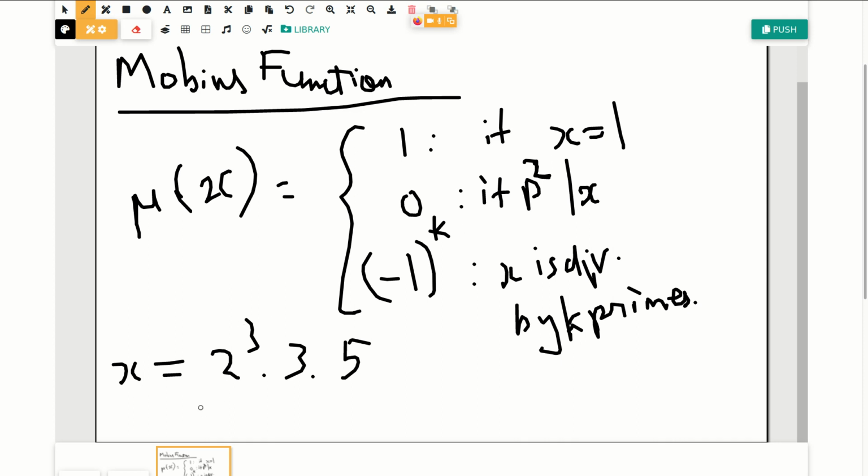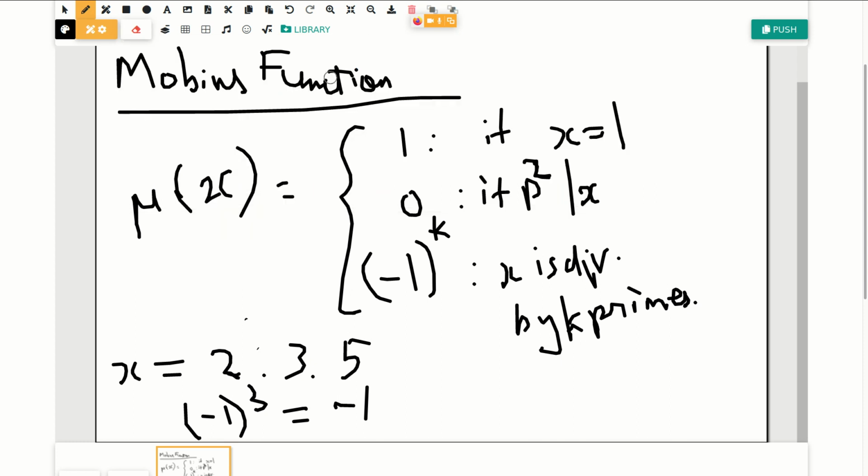So basically if x has any prime p dividing it more than one time, then the value would come out to be 0 for the Mobius function. Otherwise, let's assume we have the number 2 into 3 into 5. There's no prime dividing it twice here, so the value would come out to be minus 1 to the power k, where k is the number of primes dividing it. So this is 3 right now, and this value would come out to be minus 1 here. Did that clarify what I meant?